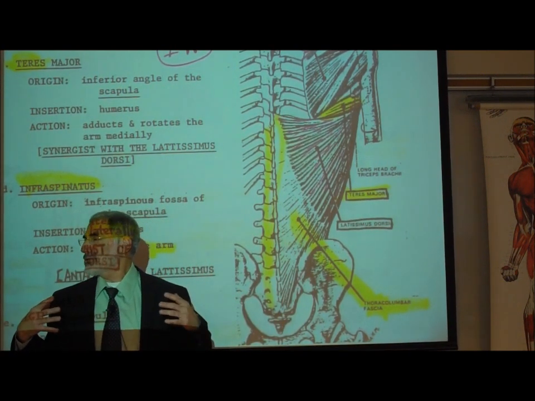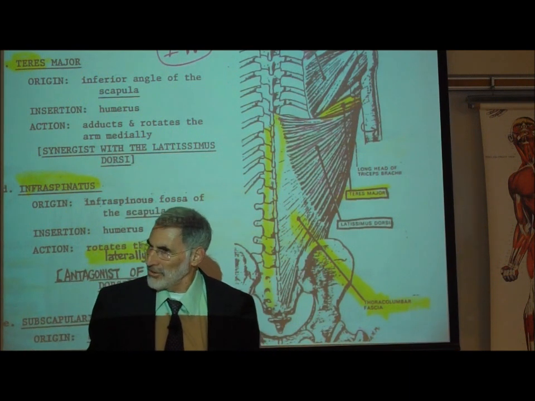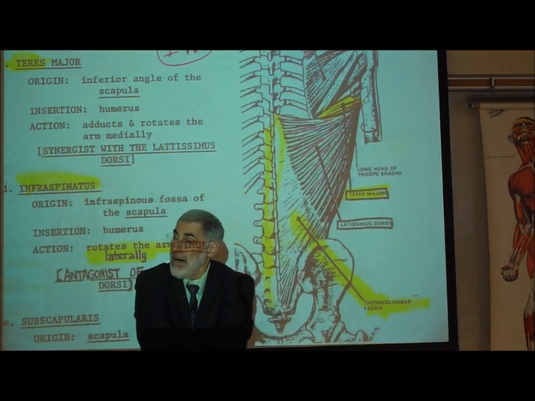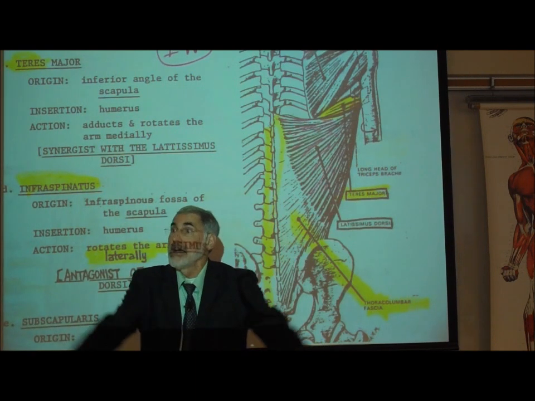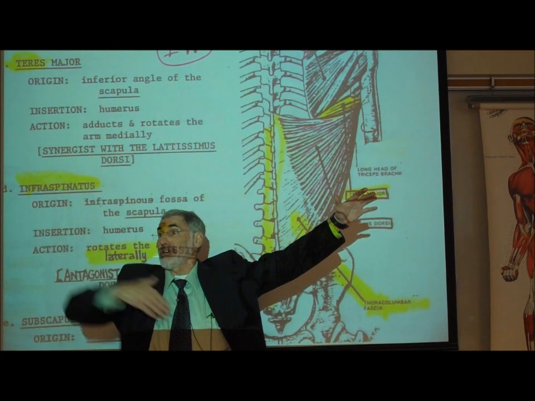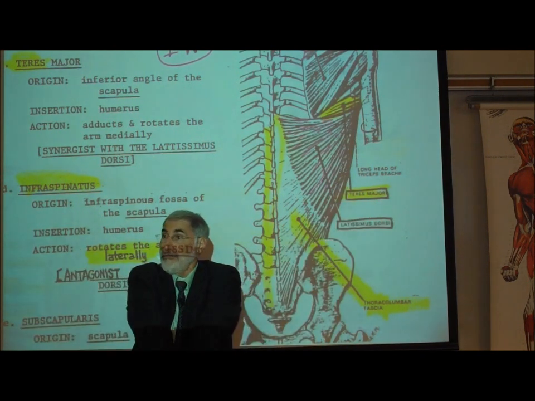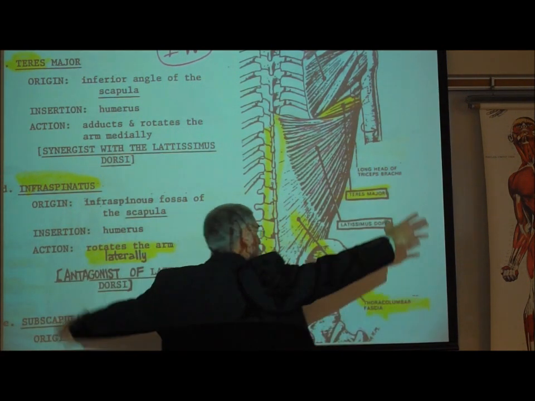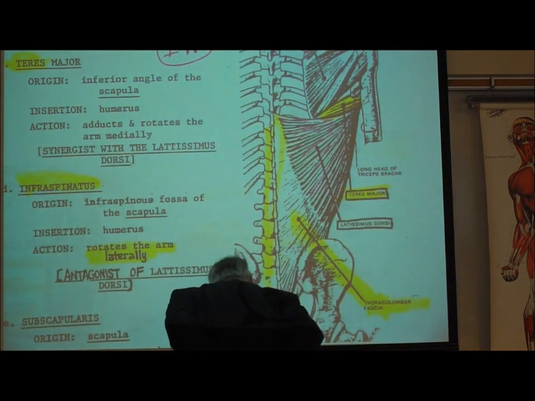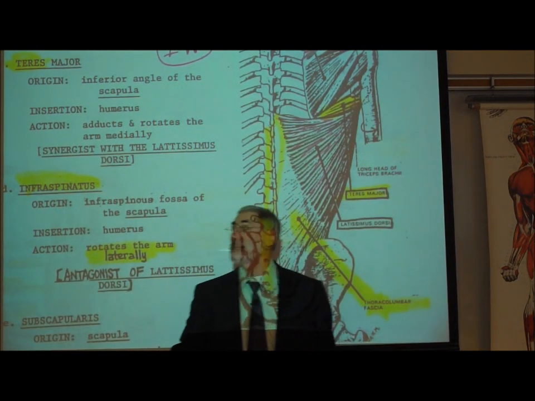What's the difference between the pecs and the Latissimus dorsi? They both bring your arms towards the midline, towards your body. But the pectoralis, which originates on the front of your body, on the sternum, pulls your arms to the front. Your Latissimus dorsi pulls your arms towards your body to the back. So it's a slightly different motion.